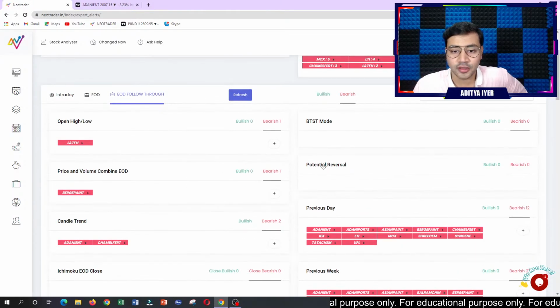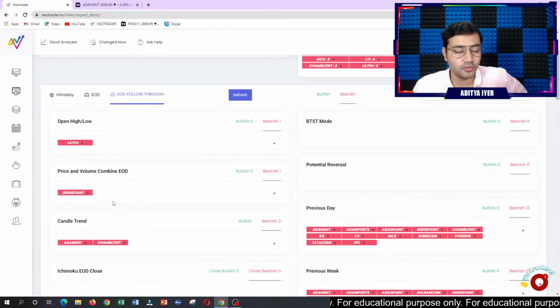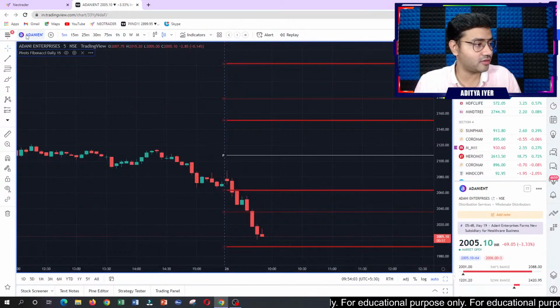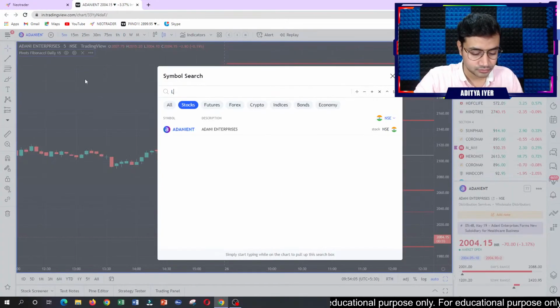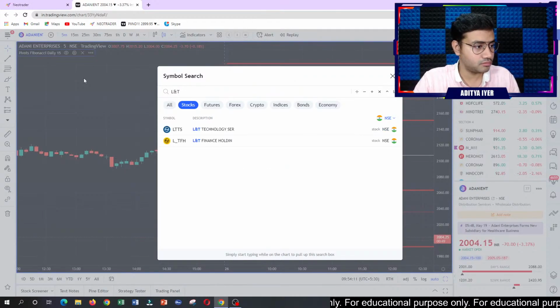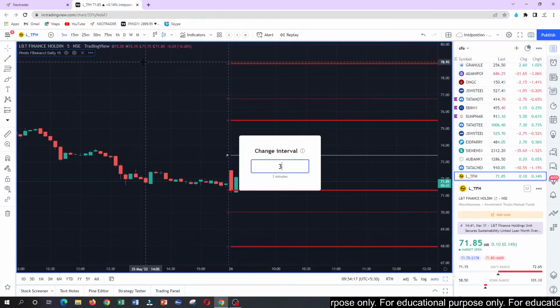Previous week we already saw in the earlier page. And L&T Finance is open high, open low. All right. So nothing in terms of potential reversal here. Okay, you can see L&T Finance has come. There it is. Yeah.